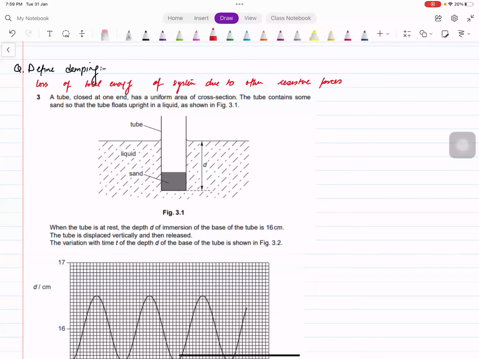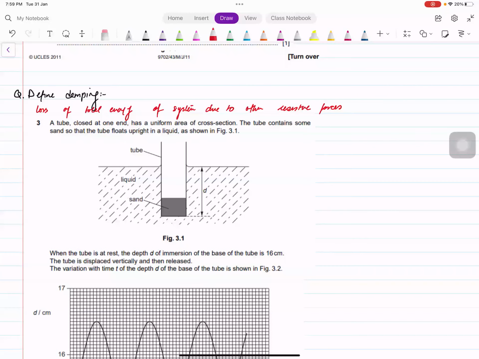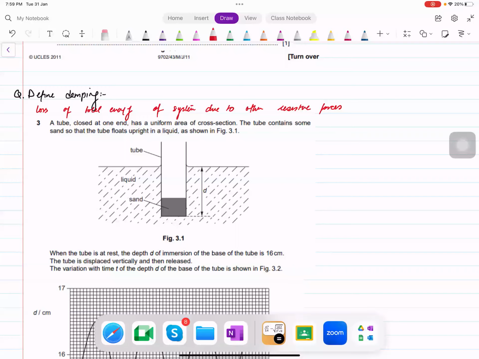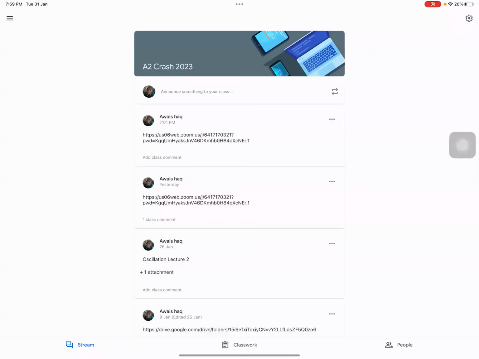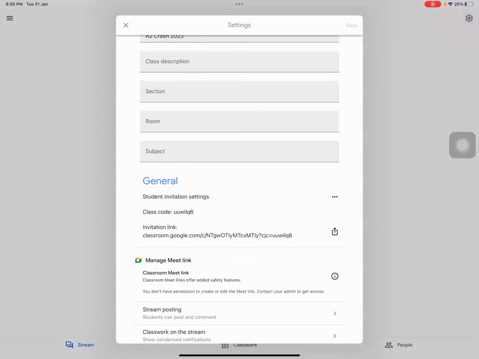Don't you have the PDF yet? No, I don't. Okay, that's not good. Why didn't you say so? Hassan, could you just quickly go and join the Google Classroom, please? This is the code, please. All right.